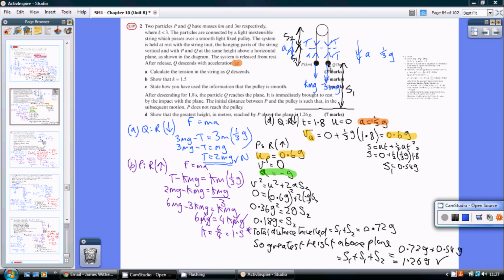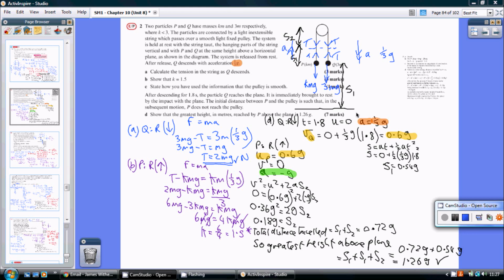Then as Q goes down and hits the plane, and that string gets longer, this one's going to get shorter, so that will be another S1 that P travels. And then finally we're going to have this extra bit of distance that P travels as the string goes all wobbly, and P just keeps on going up, fighting against gravity before it meets its final height.